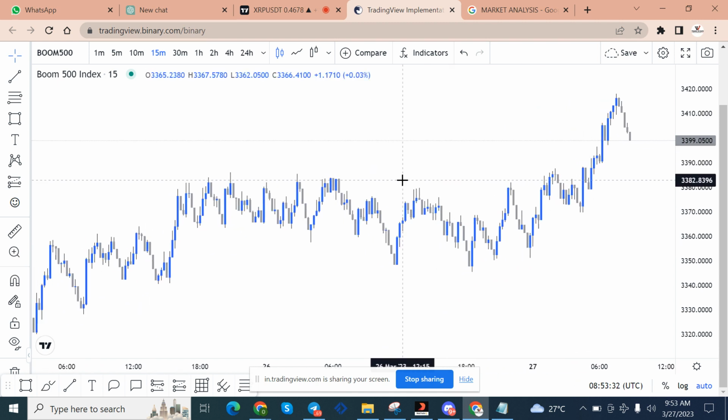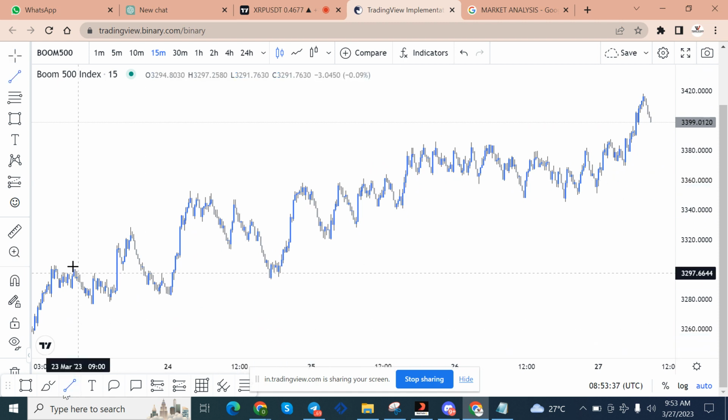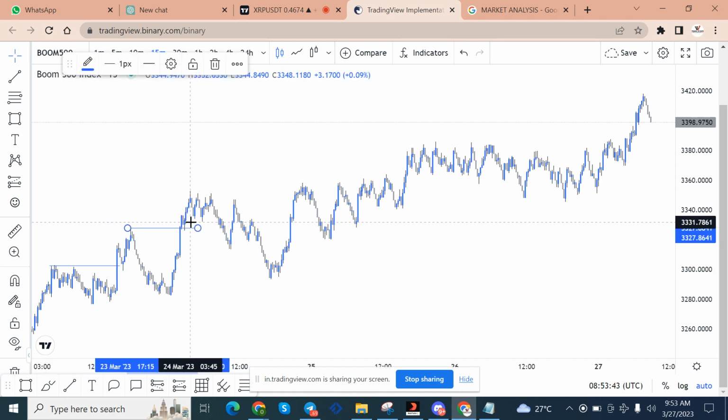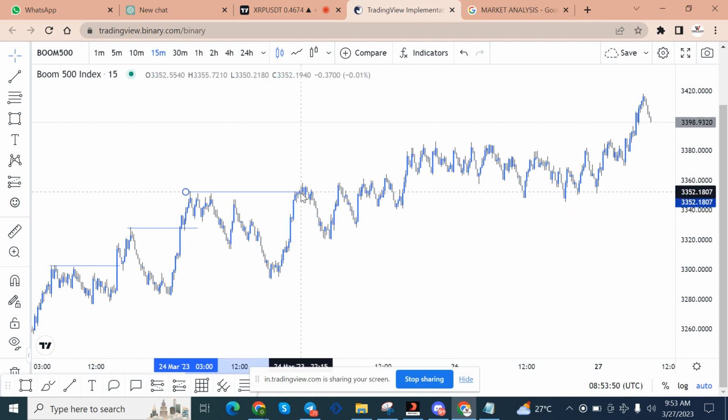So before we do anything, sometimes you just first try to zoom out so that you can actually understand what the market has been doing. So you can see I'm marking my structures, right? Now, this is not a valid break of structure. Don't forget, it's not meeting the criteria.